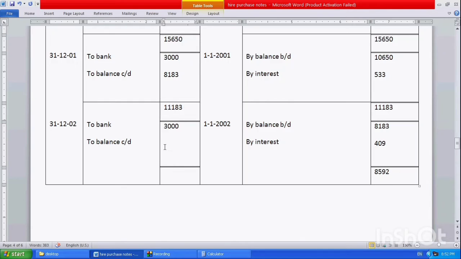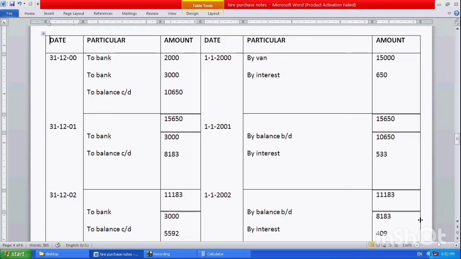So now let's see, 8,183 plus 409 means 8,592, minus 3,000, after deducting 3,000 it's 5,592.